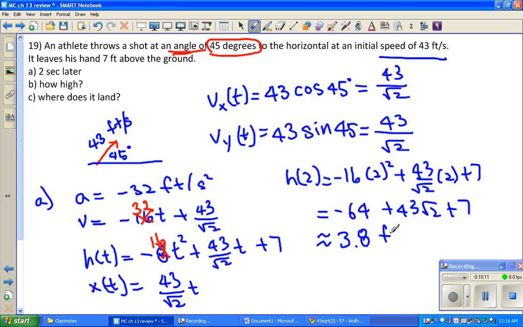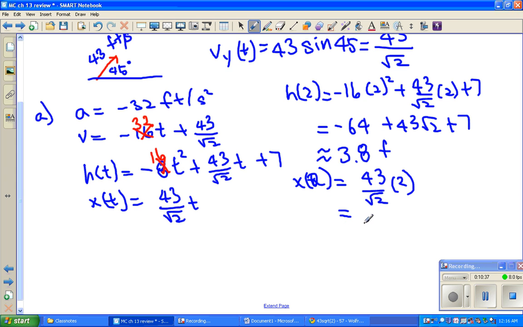above the ground. Now, horizontally, x of 2 becomes 43 over radical 2, and then times 2. Now we know this one to be 43 radical 2.